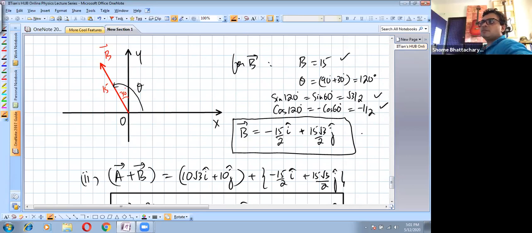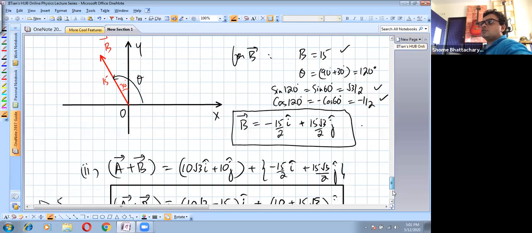Which one? This should be plus 15 by 2? No, it is minus because you can see it's in the second quadrant. So the x component is negative and the y component is positive, and that angle theta is 90 plus 30, so that's why it's 120. So this is how it's working.